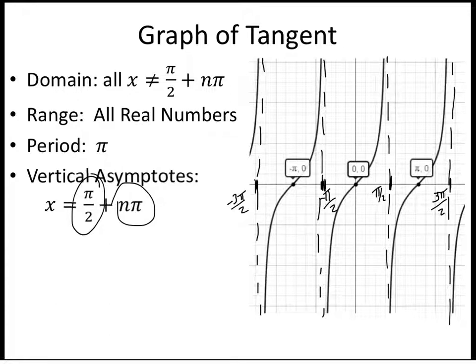Oh, and the other thing to notice about tangent, we said tangent was an odd function. The parent function goes through 0, 0, and you can see that if you looked at quadrant 1 and quadrant 3 and rotated it over, they lay on top of each other.